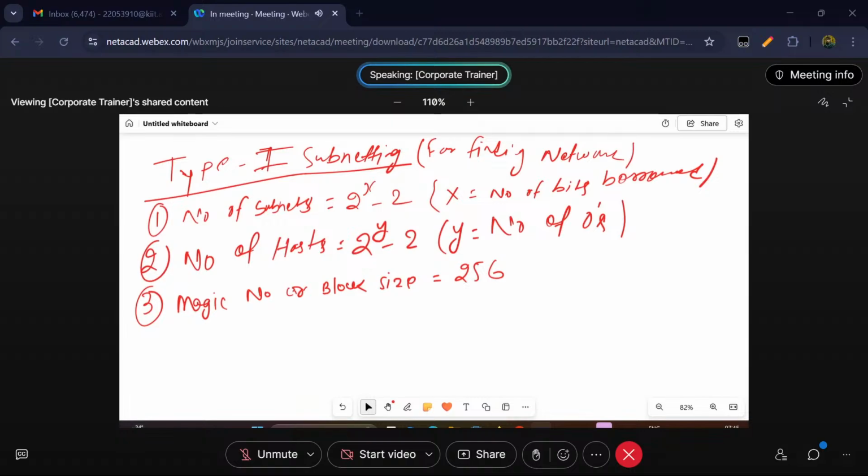So 256 minus mask. And what is the mask value? I'll tell you in the example. I'll show you how to calculate how many bits are going to be masked.